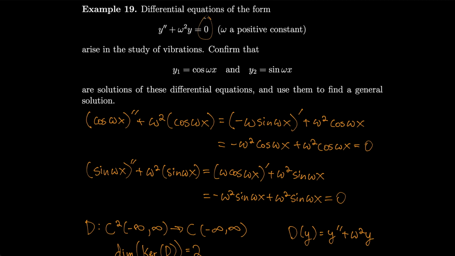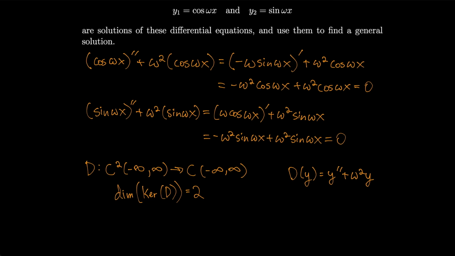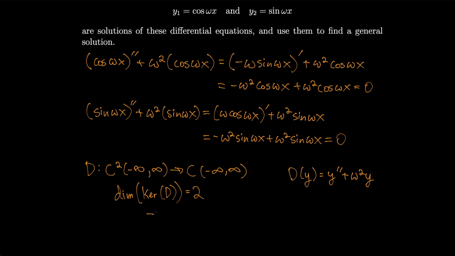That's what's getting sent to 0. So this means that we could write a general solution y equal to c1 cosine omega x plus c2 sine omega x. And that'll be a general solution.